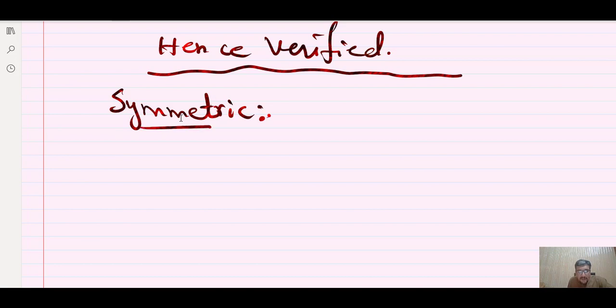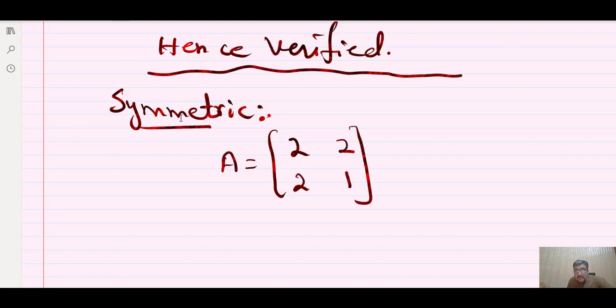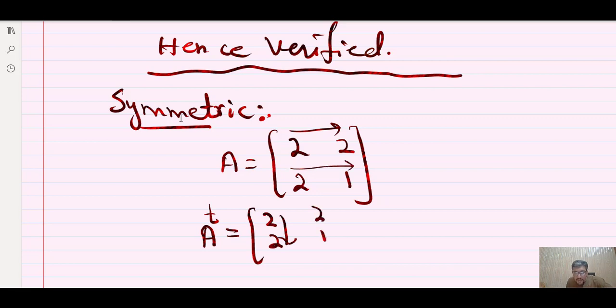Remember, for example, if we have a matrix A that is 2, 2, 2, 1. This is a matrix. If I take the transpose of this matrix, it will be A transpose: change the rows, 2, 2, this row is changed into this column, and this 2 into 1. So there is no difference.